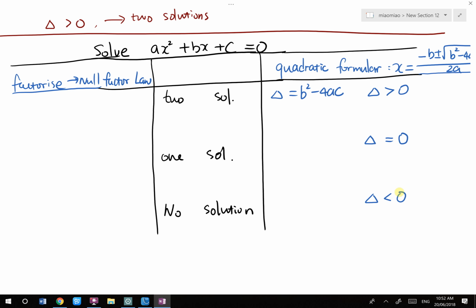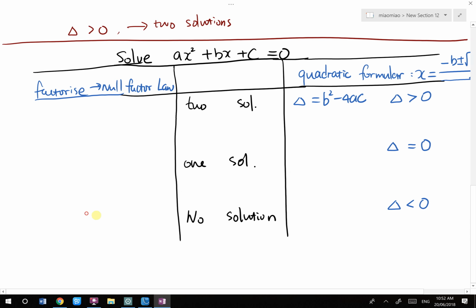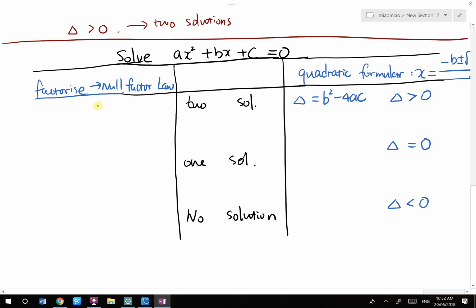If we talk about the factors, I'll split that into another column here. So two solutions means we have two distinct factors. I just don't write the distinct. So we have two distinct linear factors.